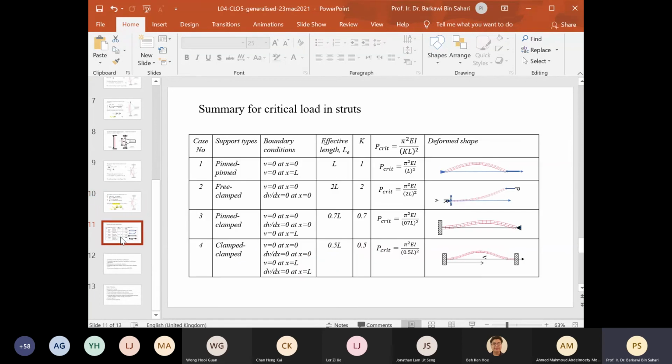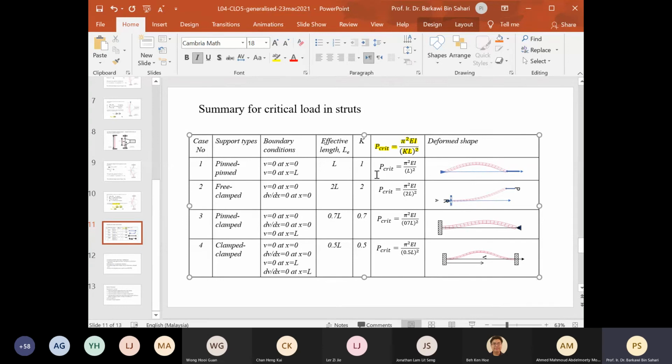So now we can summarize this. We use the expression P critical equal to pi squared EI over (K, the effective length factor, multiplied by L) squared, and we tabulate this for four types of situation. I put the beam in the horizontal direction to save space, to show the difference.